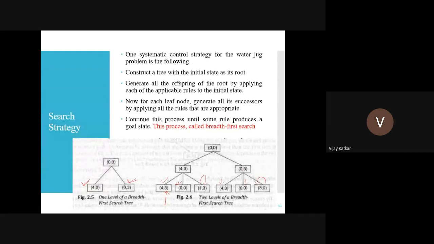So from 0, 3, we shift from Y to X and so on. So we are achieving it in some direction. Am I right? Yes, sir, that's true.